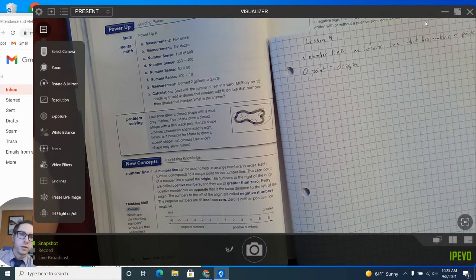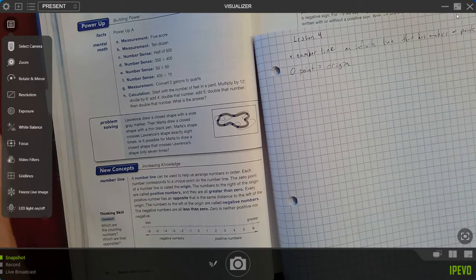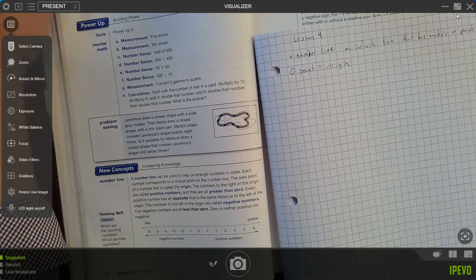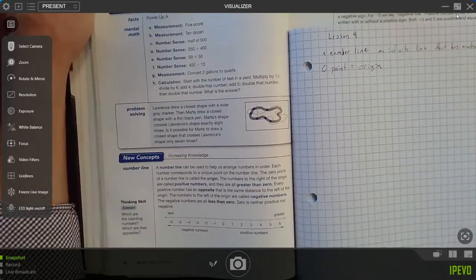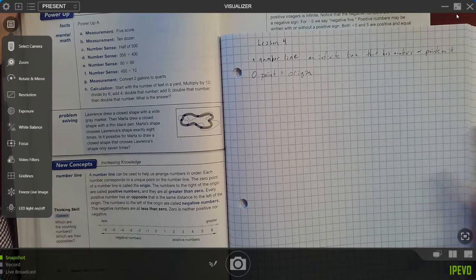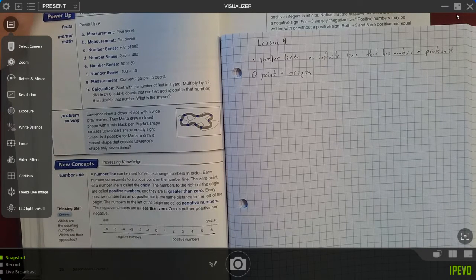Okay, let me actually move this so you can see everything. So we have always, always, always to the right of the origin is positive, and always to the left is negative.